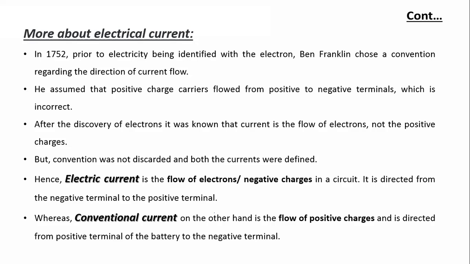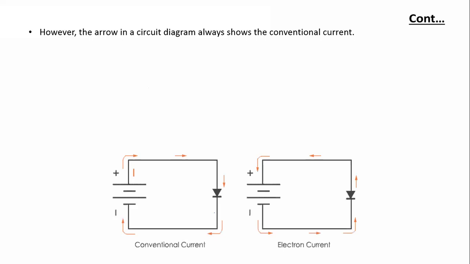So most of the time the arrowheads show the direction of conventional current rather than the direction of electric current. Whatever direction you experience, both are correct, but the common one to be followed is the direction of conventional current.